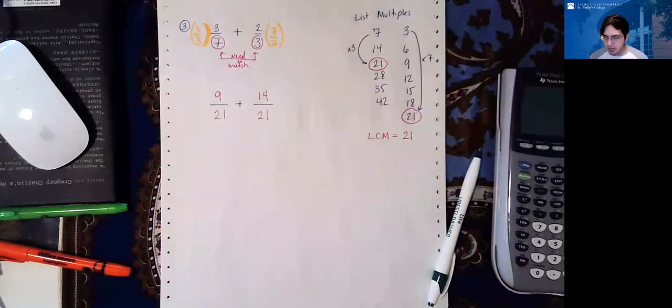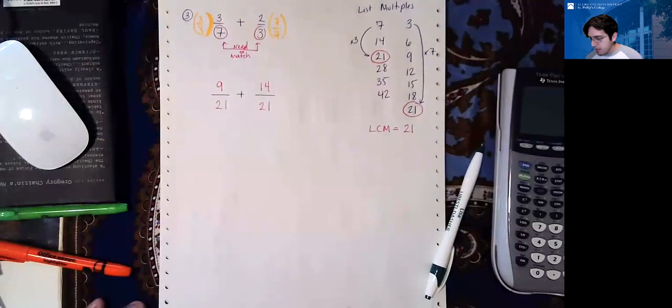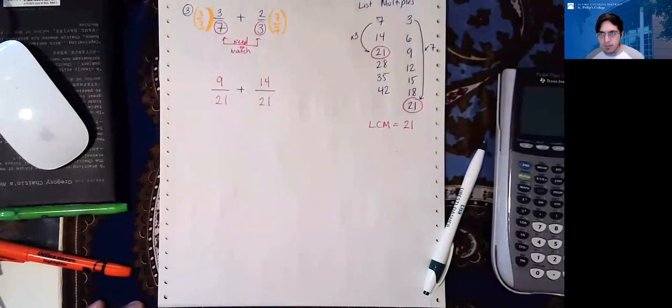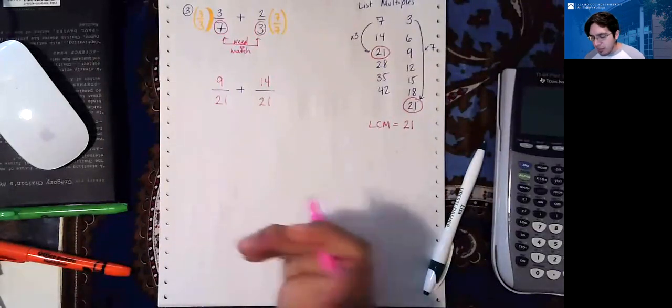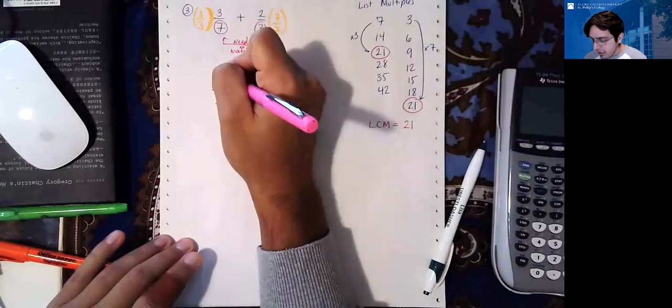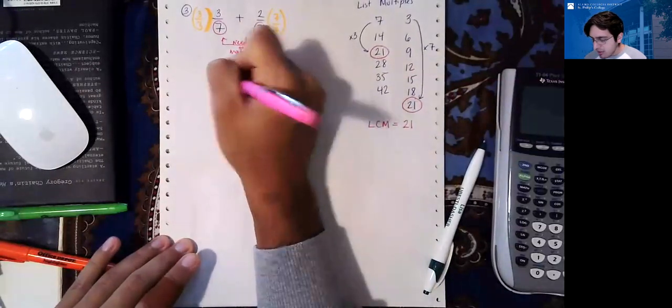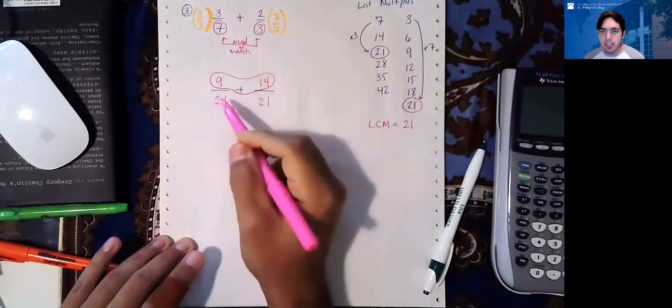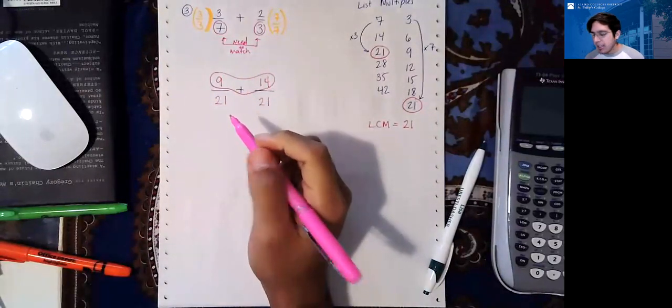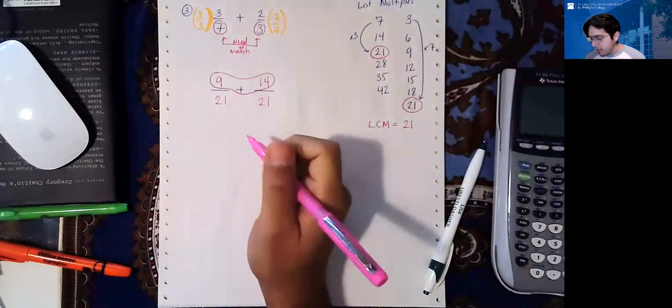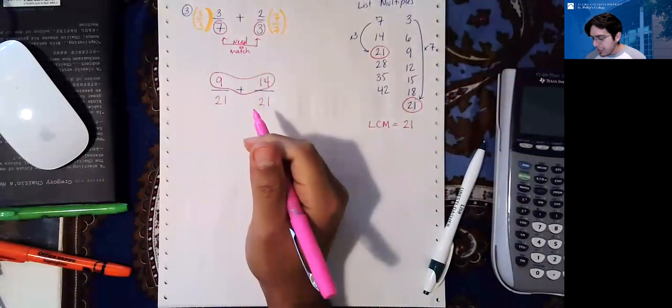Does anybody have any questions about that? Okay. Well, now that we have a common denominator, like last time we saw, when we're adding fractions that have the same denominator, we can just add their numerators. We have these objects, the 21sts, right? 9 21sts and 14 21sts.